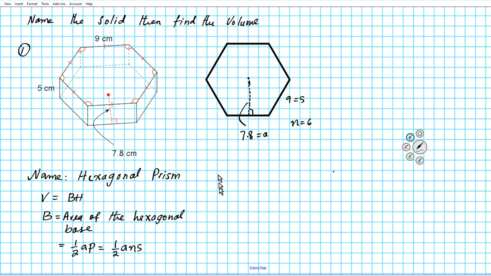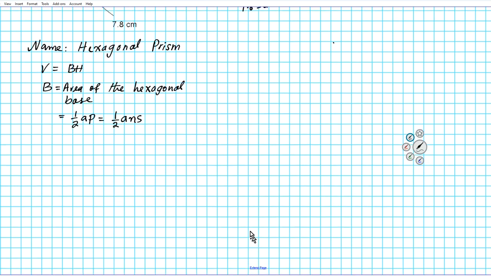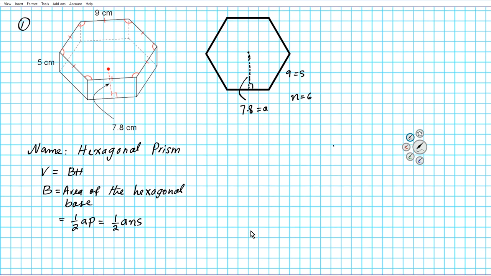With all that information, we can find the area of the hexagonal base, big B. That's going to be 1/2 of the apothem, which is 7.8, times the number of sides, which is 6, multiplied by the length of each side, which is 9.